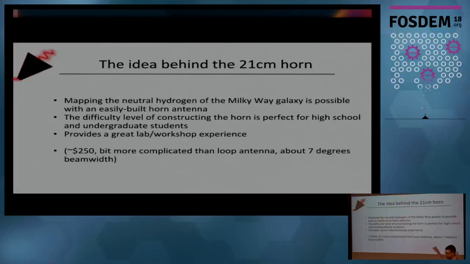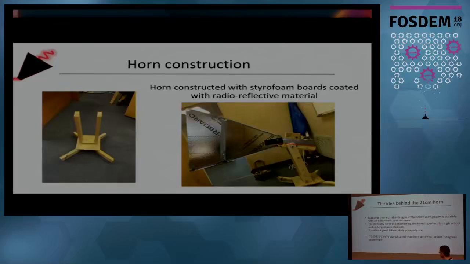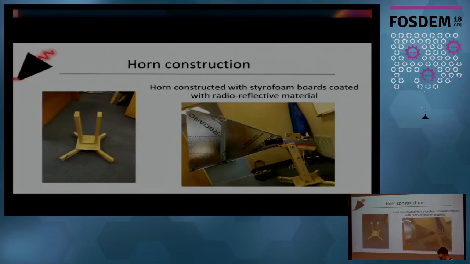Evan, who's one of the authors, commented they're trying to improve the kit to make it a little cheaper. So with $250, it's maybe slightly outside of the budget of some kid who just wants to buy the kit themselves, but it's still a very reasonable price. Plus, you get to keep the antenna. It's not like this is something you can't reuse or anything. So slightly more difficult, but also more interesting.